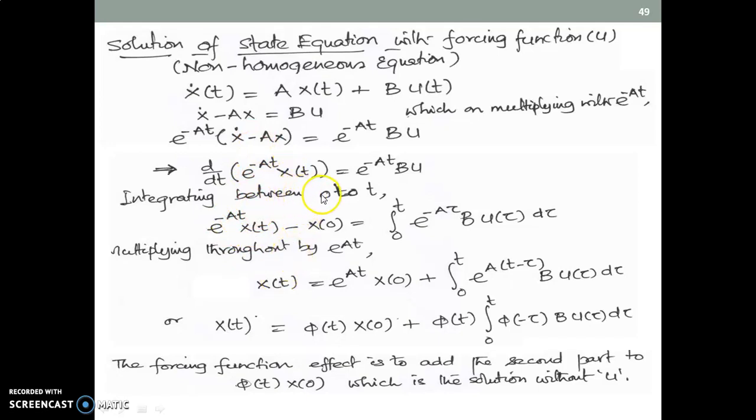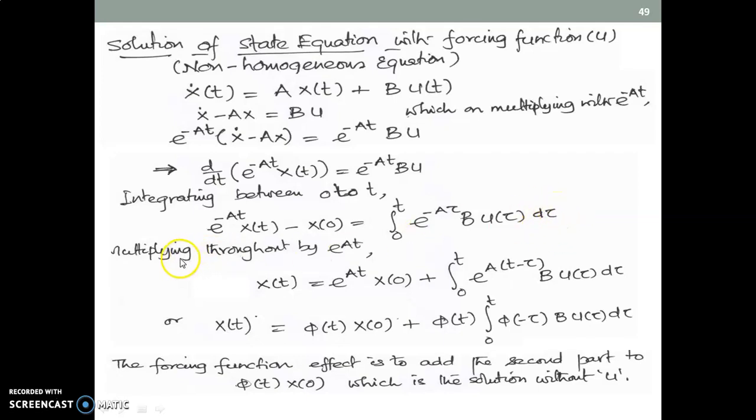So the higher value is t minus the lower value. So e power minus At into x of t minus e power A into 0. What is that value? E power 0 is 1, x of 0. That is this, equal to integral 0 to t e power minus A tau into B into u of tau into d tau, where tau is a dummy variable.